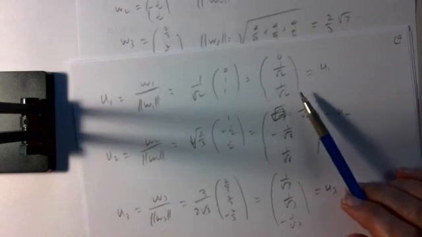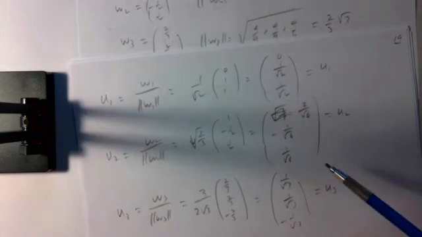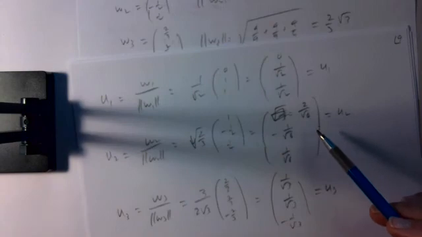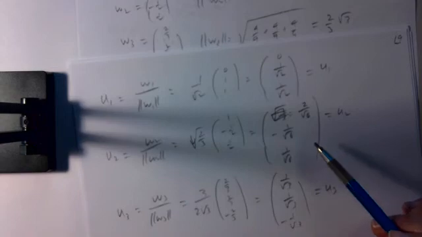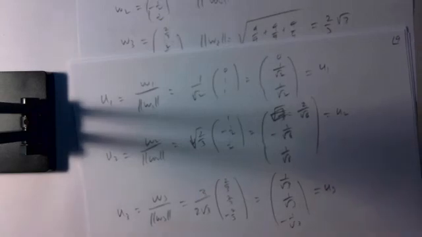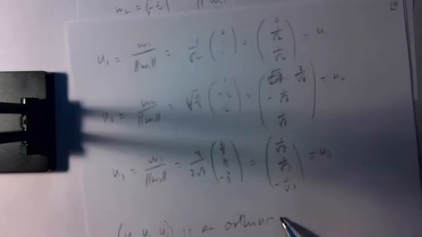The inner product of any two of these vectors is 0. So this is my orthonormal basis.